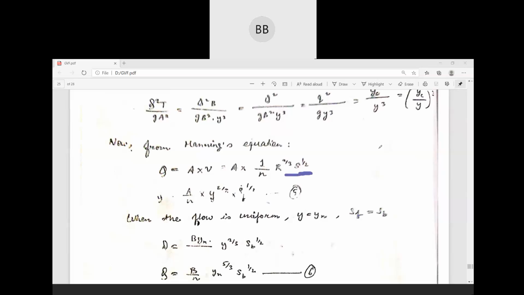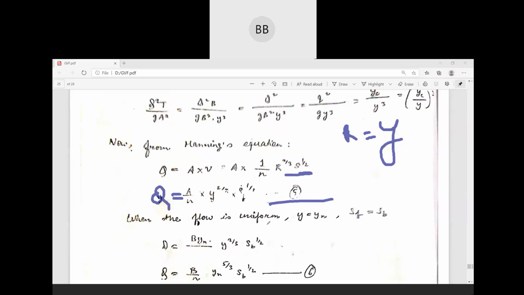Here again R for wide rectangular, we consider R is equal to y, so it will be y to the power 2 by 3. In place of R we are going to substitute y value. This is discharge is equal to A by n y to the power 2 by 3 Sf to the power half, equation number 5.